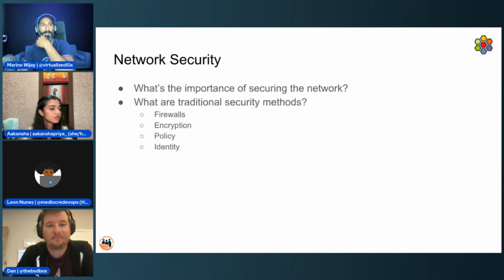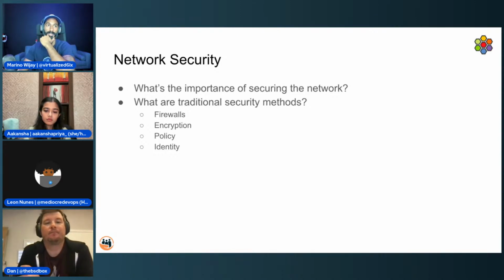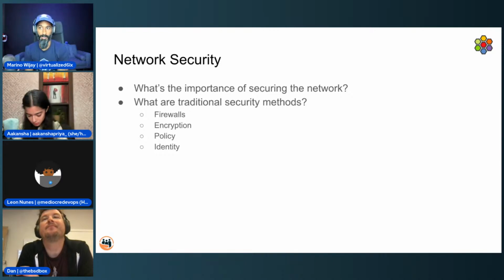Now we have a couple of other things to consider: encryption, policy, and identity. Encryption is the concept where you have to safeguard data that's either in motion or at rest. It comes down to taking data and scrambling it so that it's not easily readable or replayable.